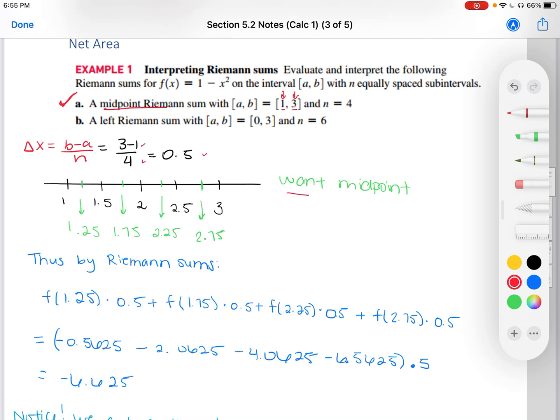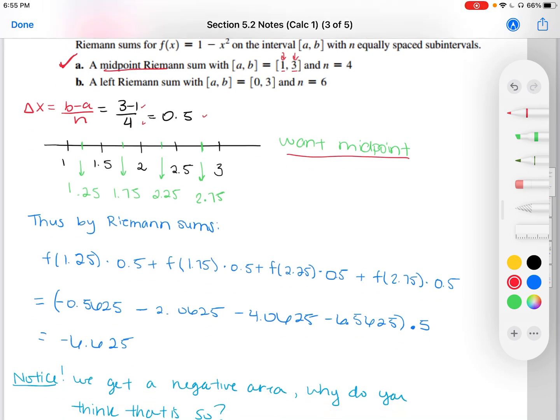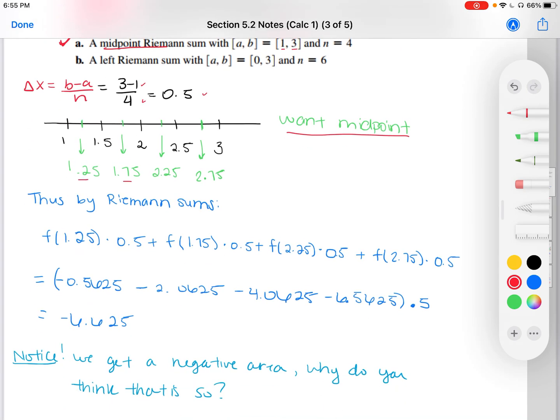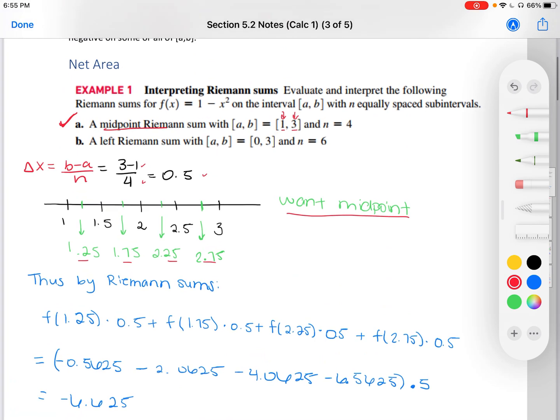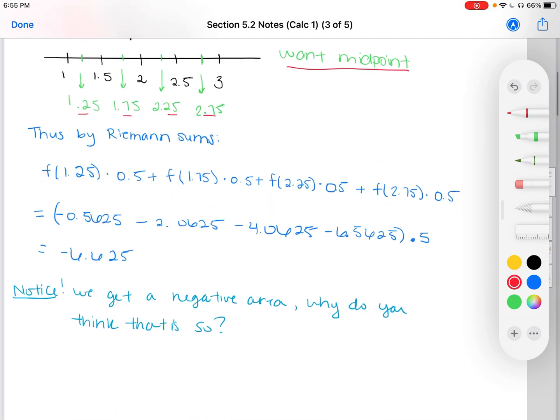But because we want the midpoint, we have to find the midpoint between those two points. So we have 1.25, 1.75, 2.25, and 2.75. We're going to plug those values, our midpoints, into our function, which is 1 minus x squared. So we're going to multiply our delta x, that 0.5, by the number we evaluate.